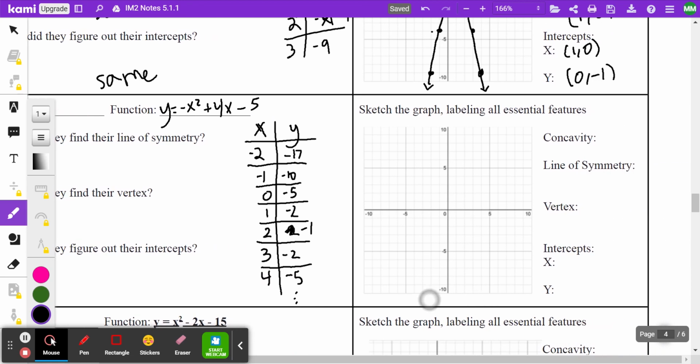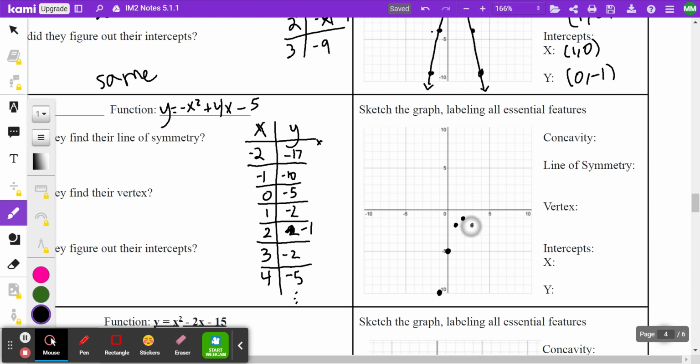Okay, I'll plot it. I have -2, -17. That's not going to fit on my graph. -1, -10 right here. 0, -5 right here. 1, -2 right here. 2, -1.